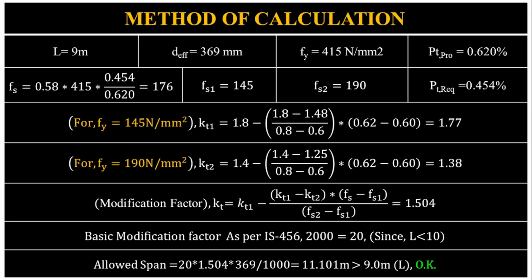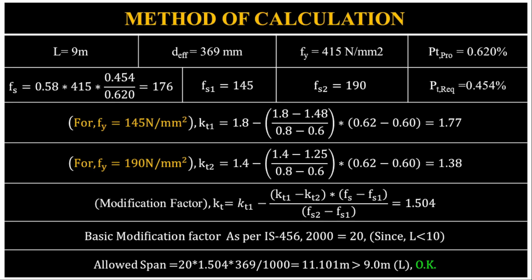for our interpolation. To find the modification factor Kt corresponding to our provided steel percentage of 0.62% for each of these Fs values, we perform linear interpolation using the values from the chart derived from IS 456-2000 Figure 4.